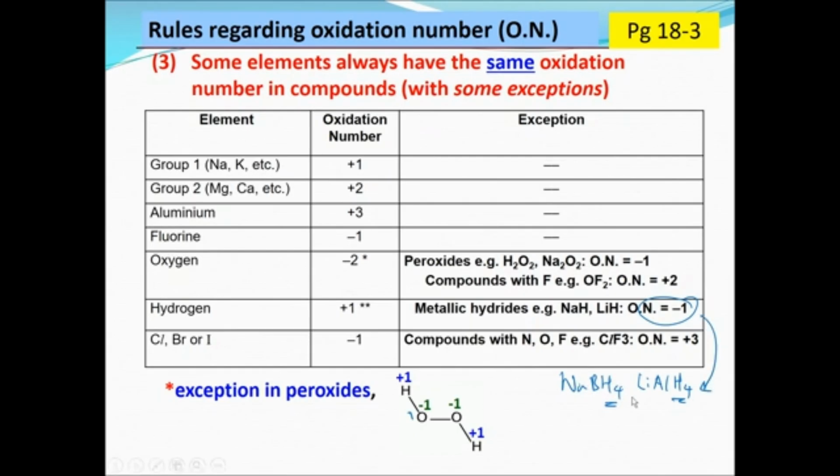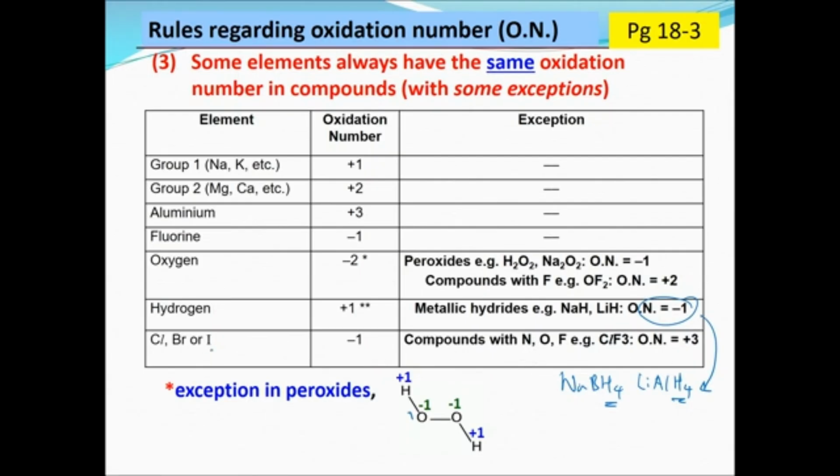The last case that is easy to classify would be the group 17 elements of chlorine, bromine, and iodine. So these are usually at -1, except when they are bonded to more electronegative atoms such as nitrogen, oxygen, or fluorine.